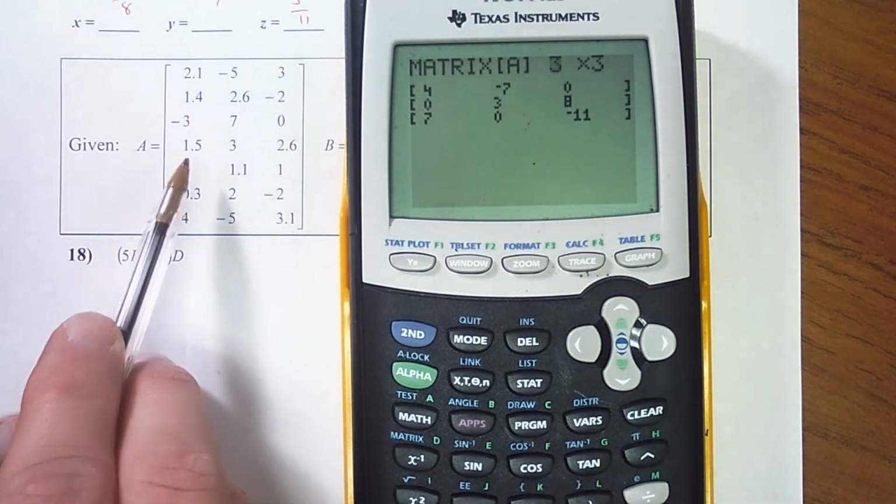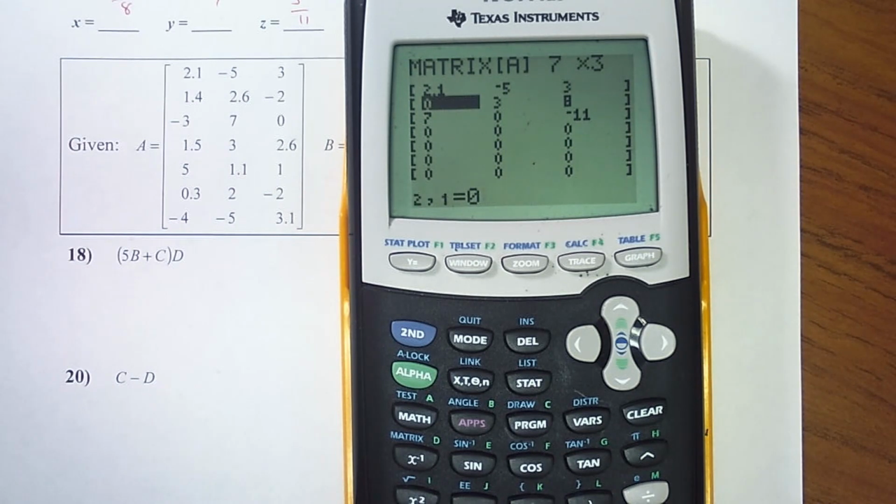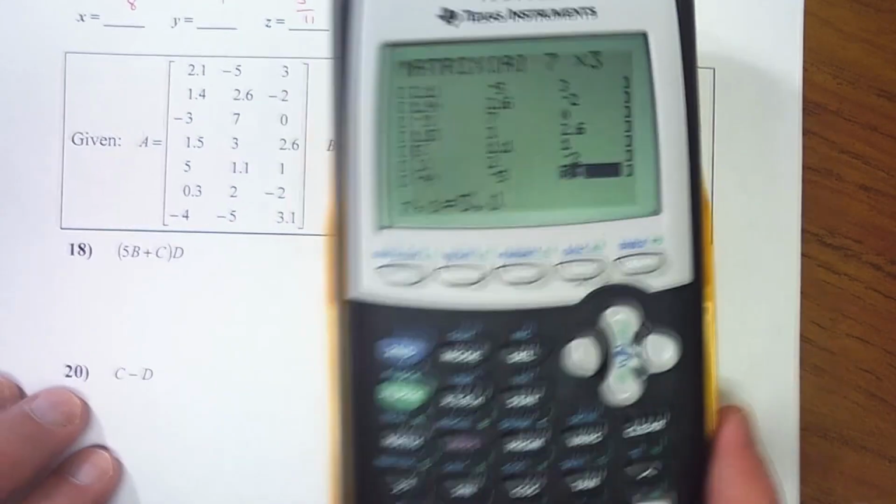This is 7 by 3. Okay, so there's matrix 1.